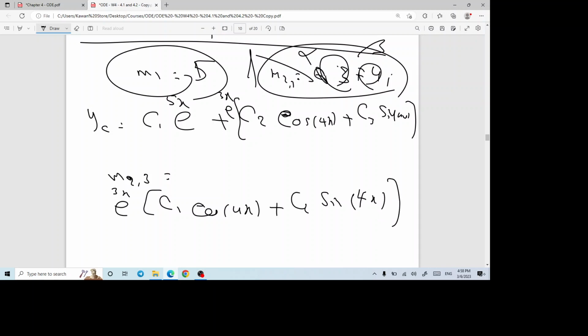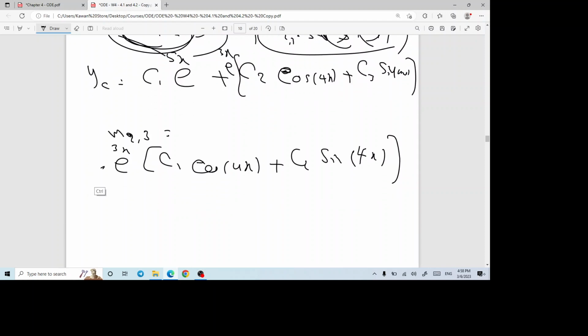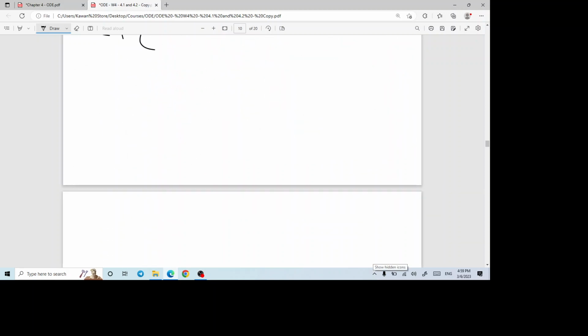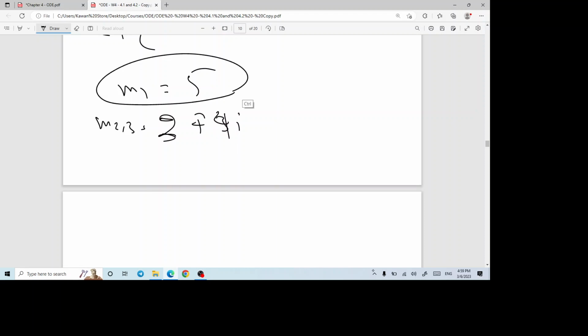But now I have another root. This one's case 3, that one's case 1. Together it will be what? Case 1 gives another solution, C1 e to the power 5x. So in our mind, we have m1 equals 5, and m2, m3 equal 3 plus or minus 4i, for example. We say that one is group number 1 and group number 2.